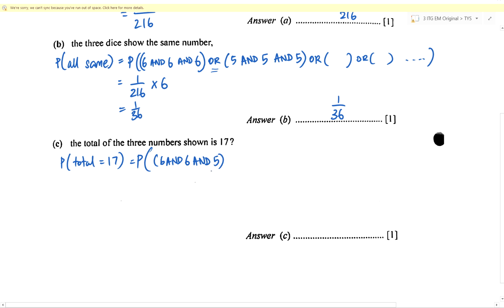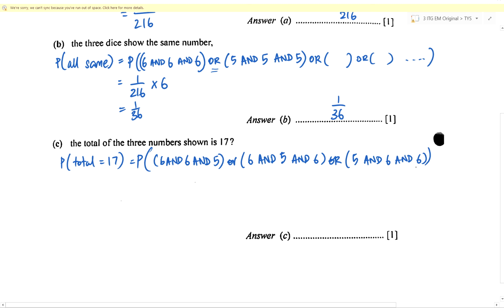This is one case. Or 6 and 5 and 6. This is the second case. There is one more case. Or 5 and 6 and 6.